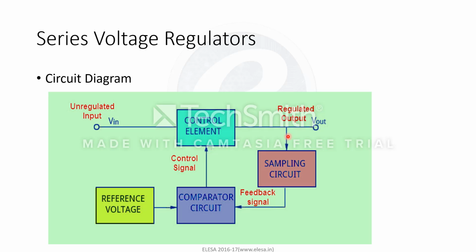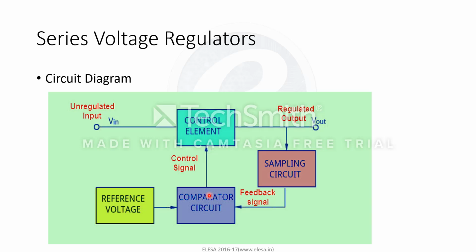That is, we are feeding the output voltage through a sampling circuit to a comparator. This circuit is basically made up of different resistances, and this sampling circuit feeds back a portion of output voltage into a comparator. Comparator means it compares the two voltages.